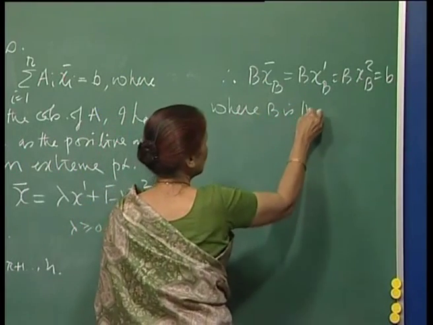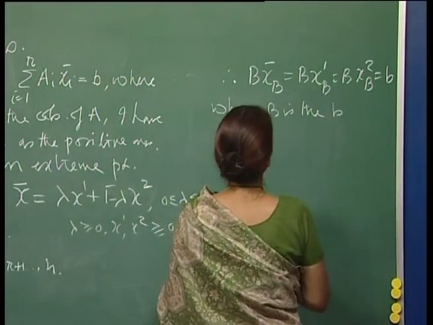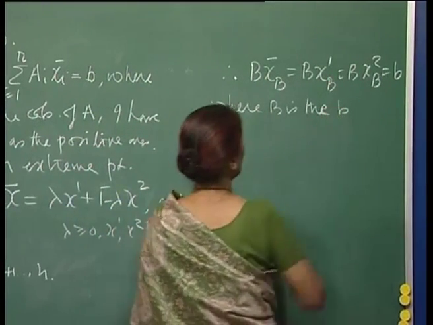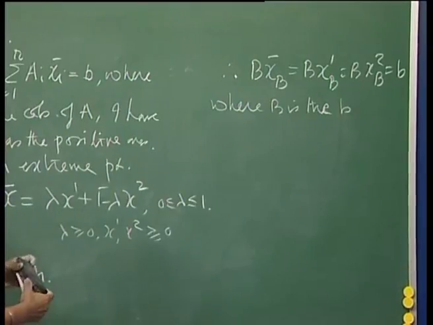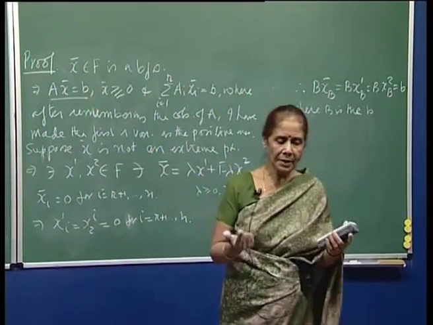Where B is the basis. Oh okay, yeah, there is a little problem here in the sense that I am assuming only r components positive.